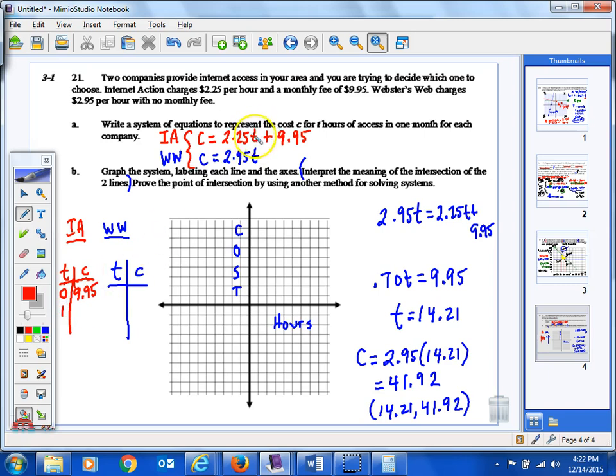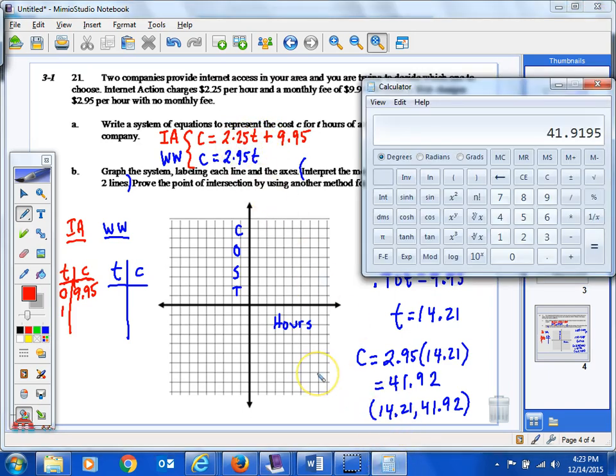For 1 hour of use, they're going to charge us $9.95 plus $2.25, $12.20.